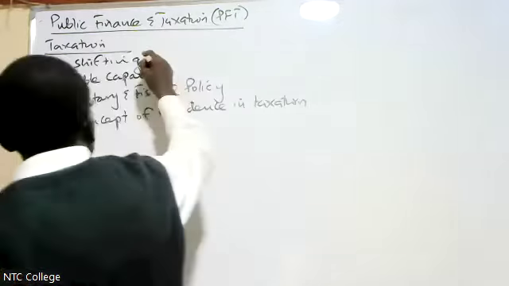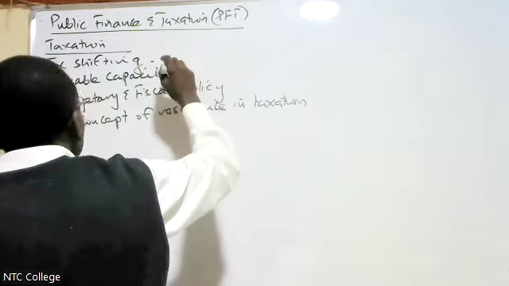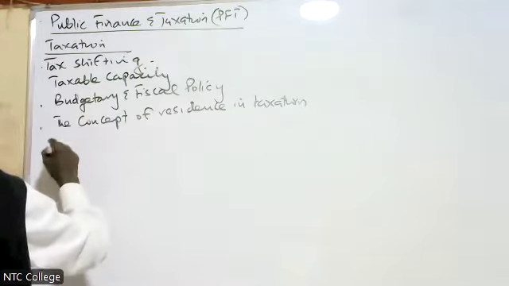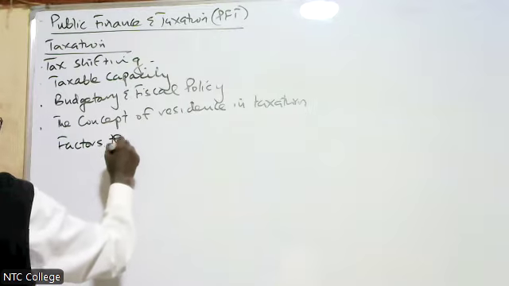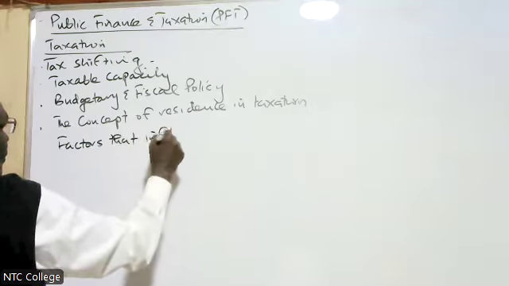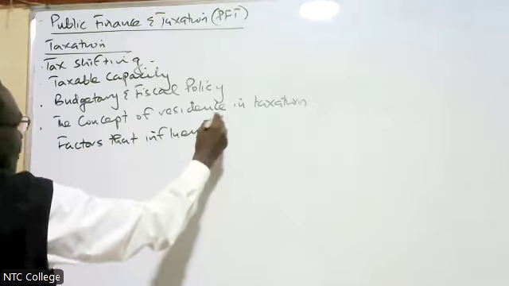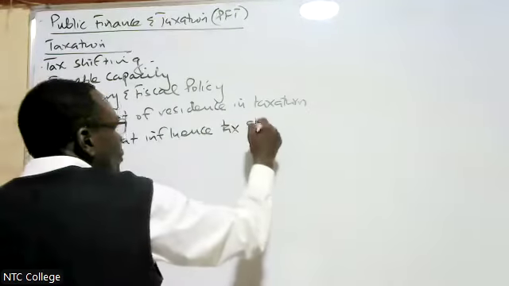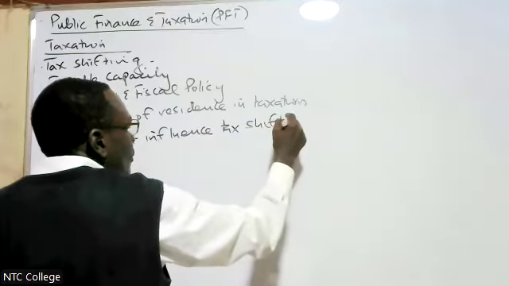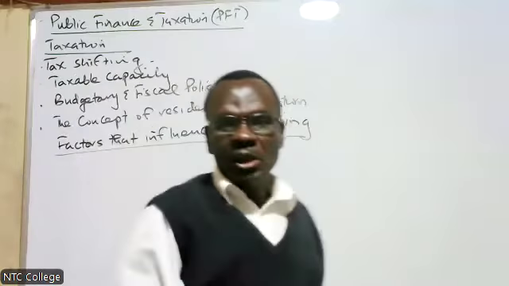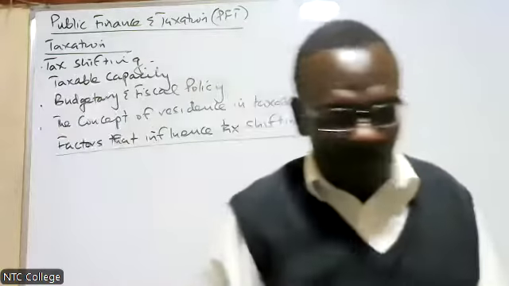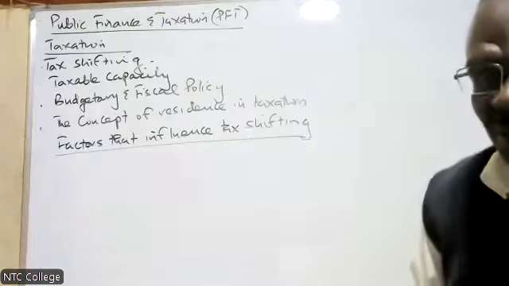So for tax shifting, I was only going to discuss factors. So we'll start with factors that influence tax shifting. So these are very common examination questions, but your examiner will be very kind to you.